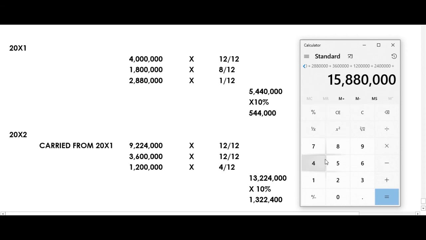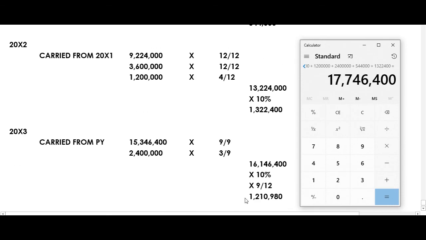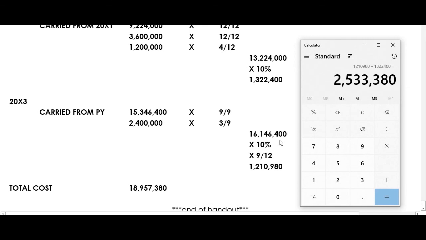So from here, dagdag mo pa yung borrowing cost na 544,000 plus yung ito, yung 1,322,400 plus yung 1,210,980. Oops, anong nangyari sa computation ko? Ano ba yan?